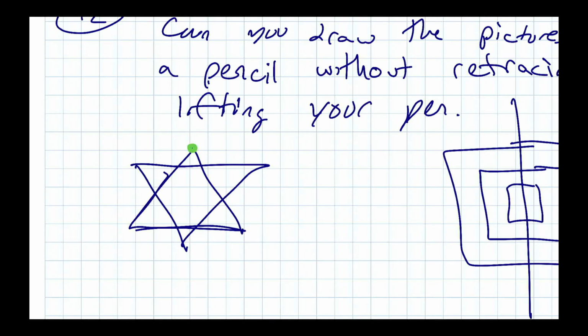You have to put one here, but don't just do this. Because if you just do this, then the answer would be no, because if you think about it, you go from here to here to here to here, you've traced this part of the graph, but you haven't even drawn the other half of the graph, right?